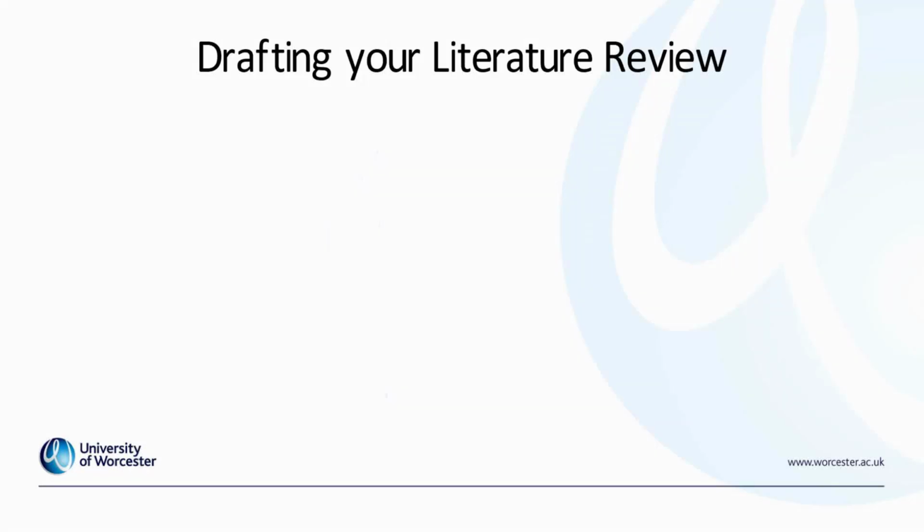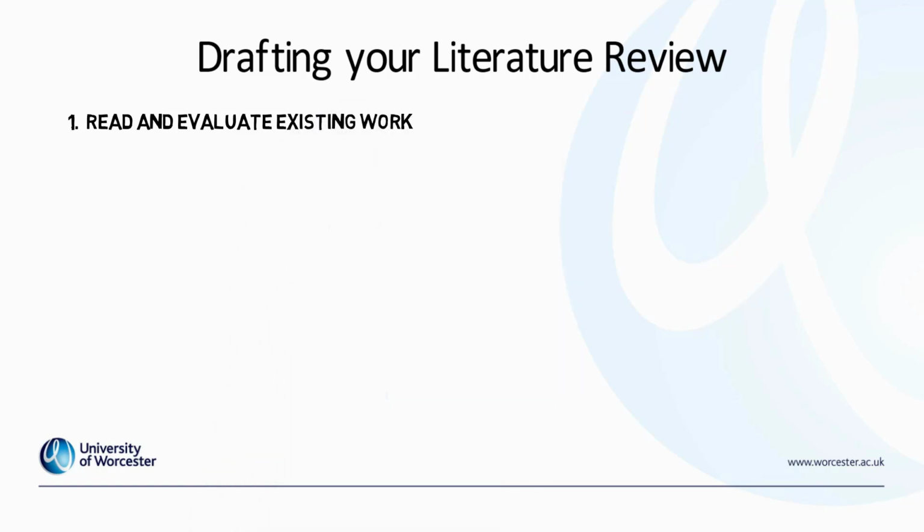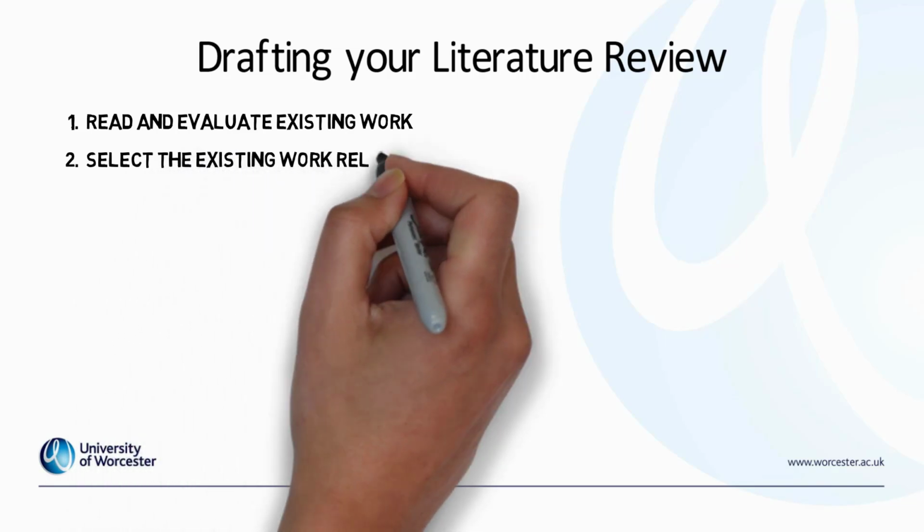When it comes to drafting your literature review, there are normally 4 steps. The first is to read and evaluate the existing work, and this is where you might then decide to record it in a table such as we just discussed. And then you might want to select the existing work relevant to your research.